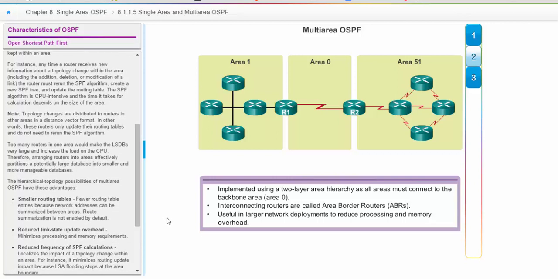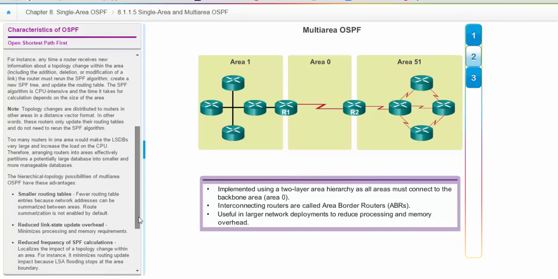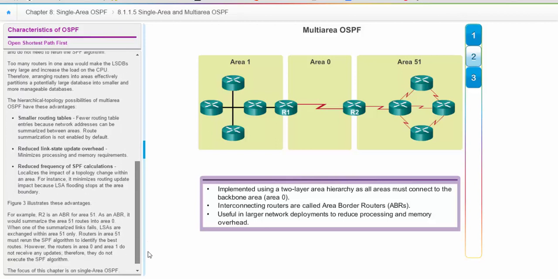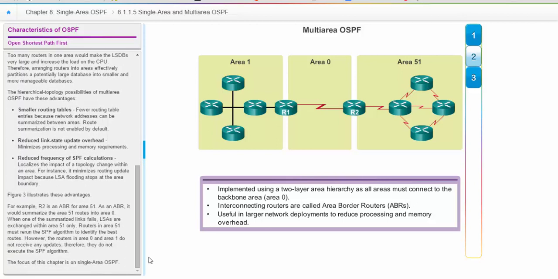So it's not looking outside of where it needs to go. The hierarchical topology possibilities of multi-area OSPF have some advantages: you have a smaller routing table, reduced link state update overhead, and reduced frequency of shortest path first calculations.